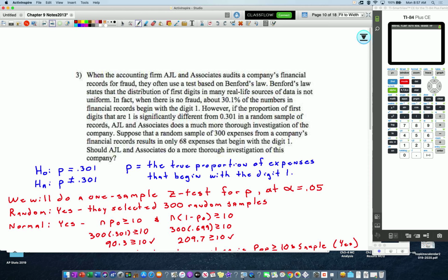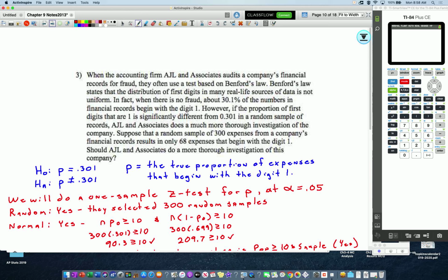In number 3 here, it says, when the accounting firm of HAL and Associates audits a company's financial records for fraud, they often use a test based on Benford's law. Benford's law states that the distribution of first digits in many real-life sources of data is not uniform. In fact, when there's no fraud, about 30.1% of the numbers in financial records begin with the digit 1.